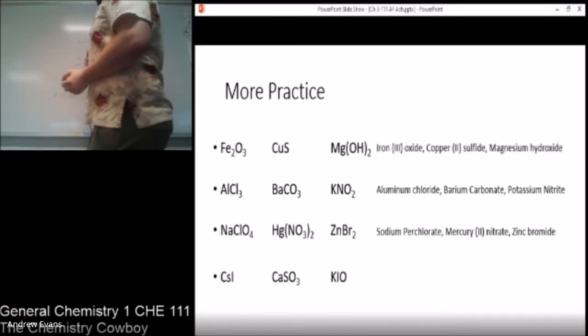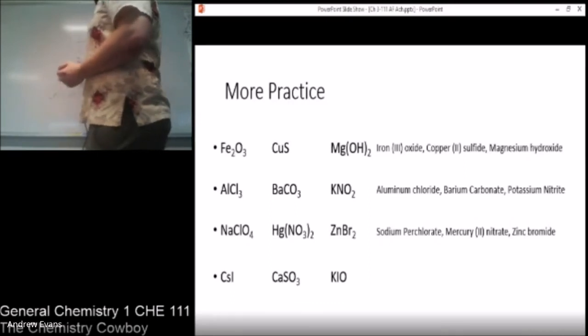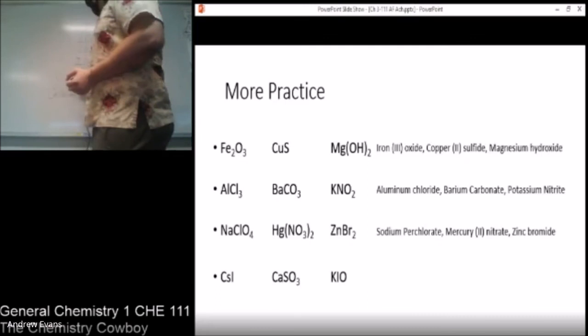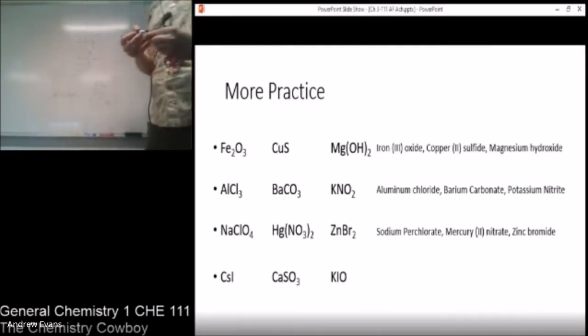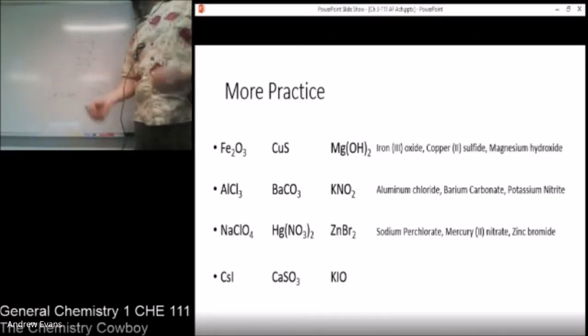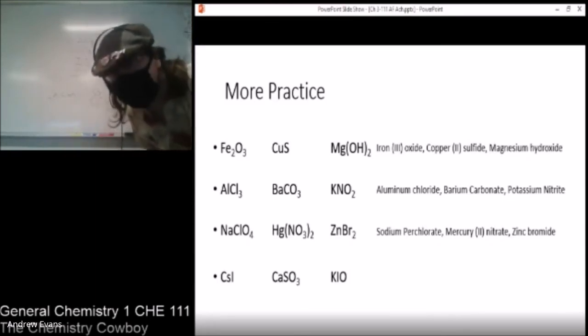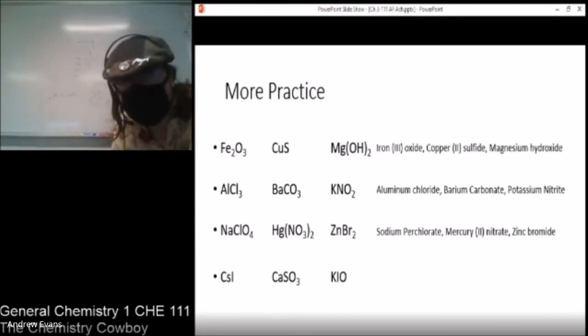IO2 would be iodite. So IO1 minus puts us at hypoiodite. One below iodite. So we start with the base and we work our way down.